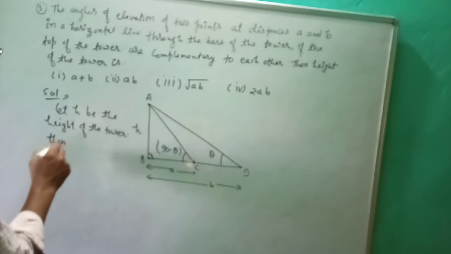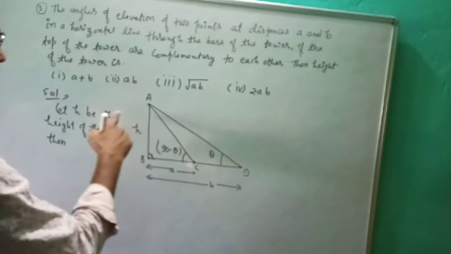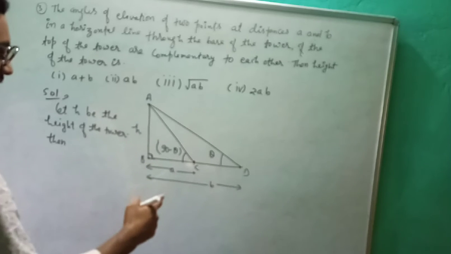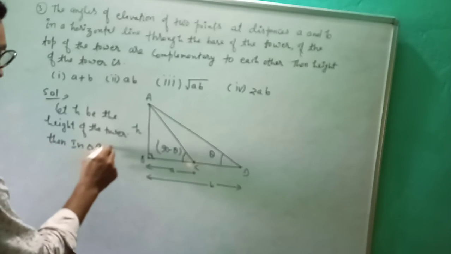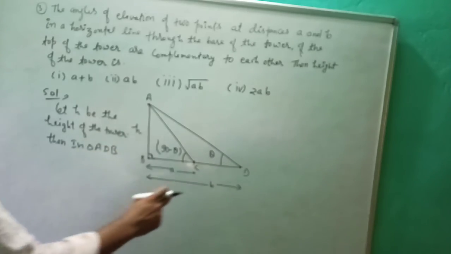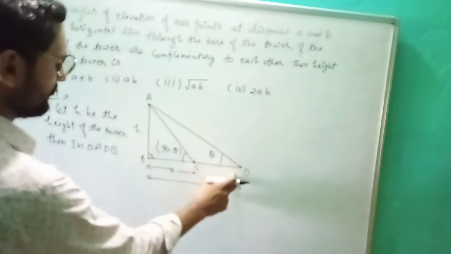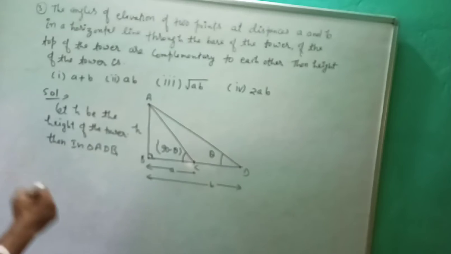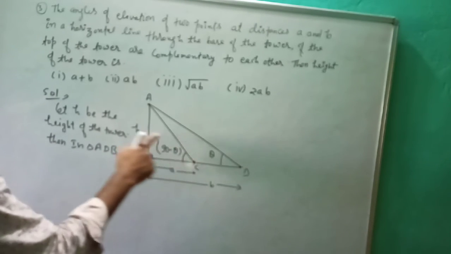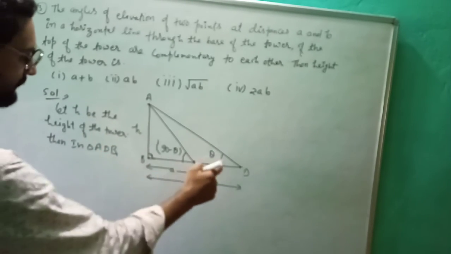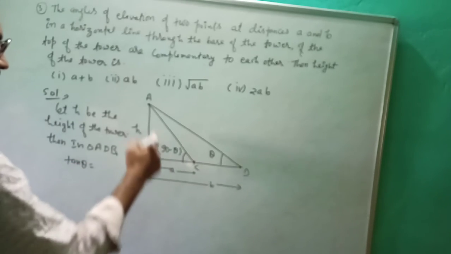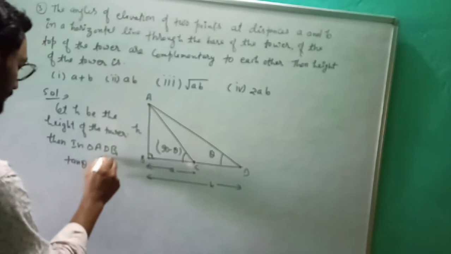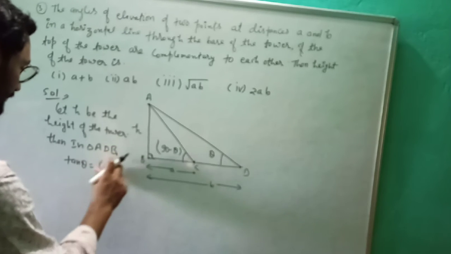Then in triangle ADB, in this right angle triangle, I am going to use tan because we have a perpendicular and base. So tan theta is equal to perpendicular upon base, which is h upon b.